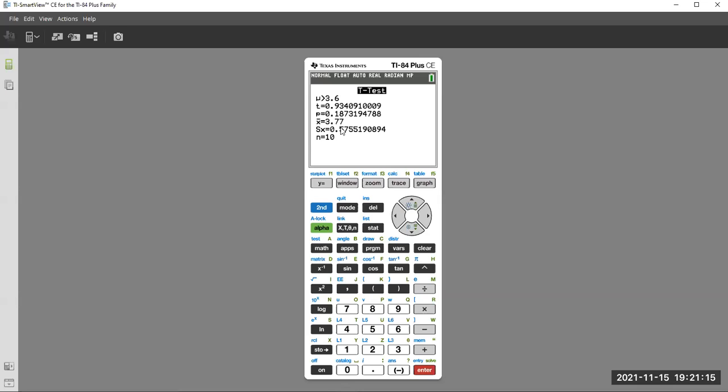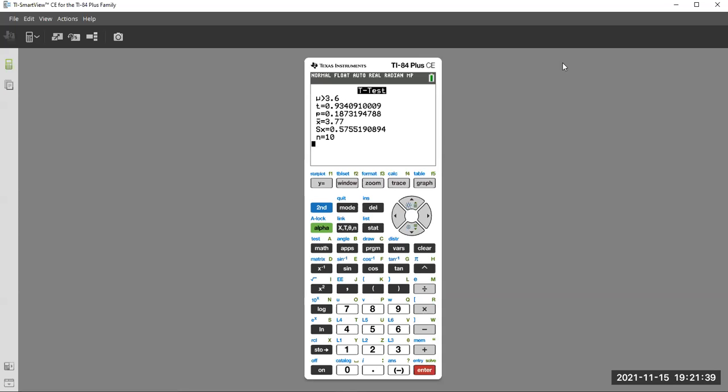And we had a mean of 3.77 and a standard deviation of 5.8, I guess, for that sample size of n equals 10. Now, the claim was that the mean was greater than 3.6. This is 3.77. 3.77 is bigger than 3.6, isn't it?